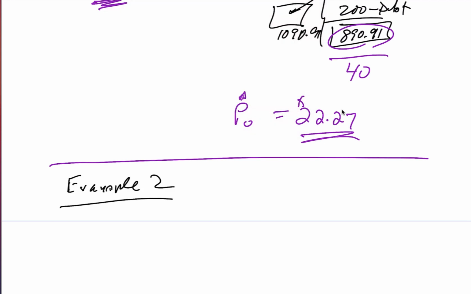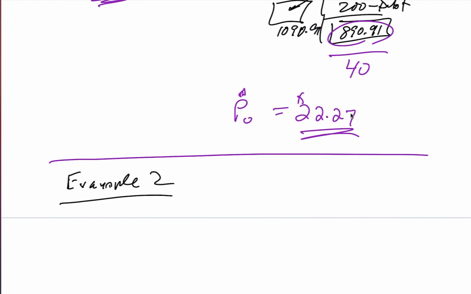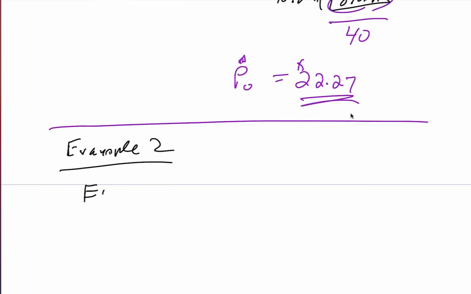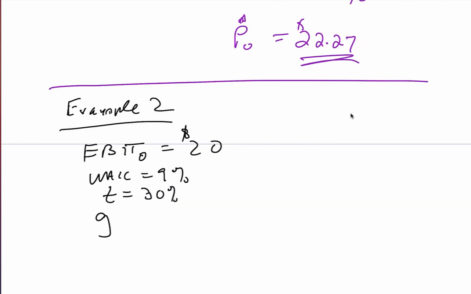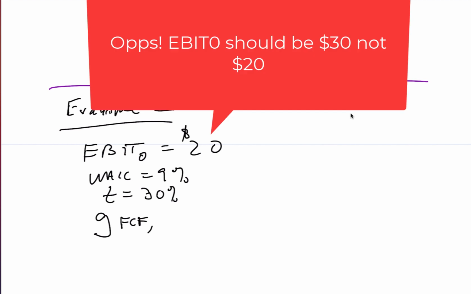Example 2. Here is the information. EBIT at time 0 this time is $20. Weighted average cost of capital, 9%. T, the tax rate, is 30%. Growth rate for free cash flow, first period. This is going to be, by the way, a two-stage growth model.